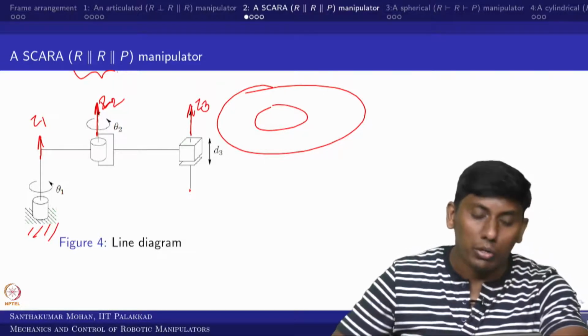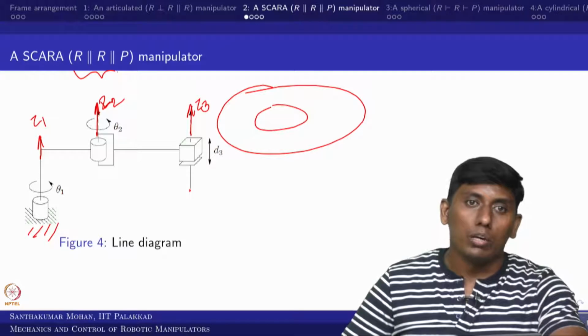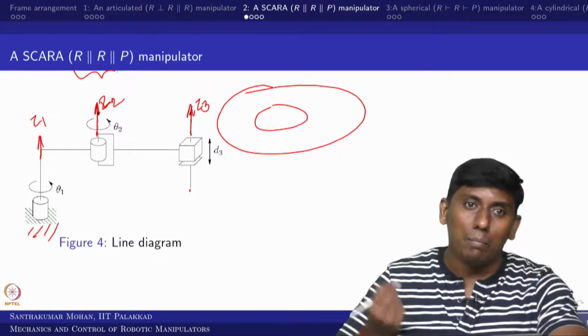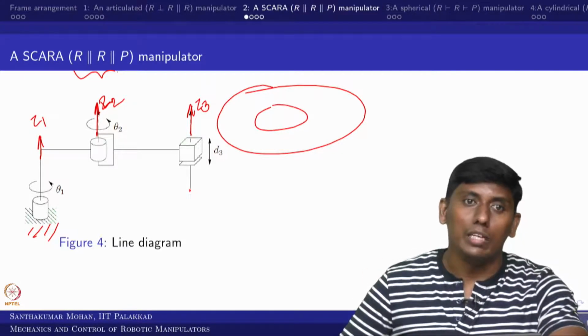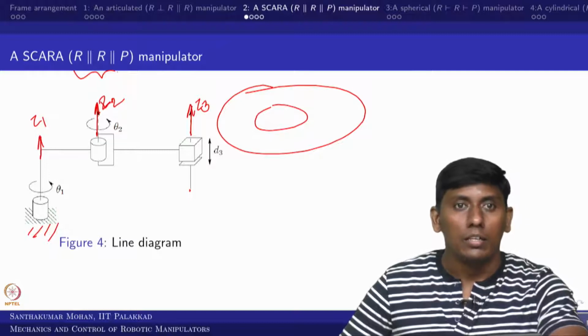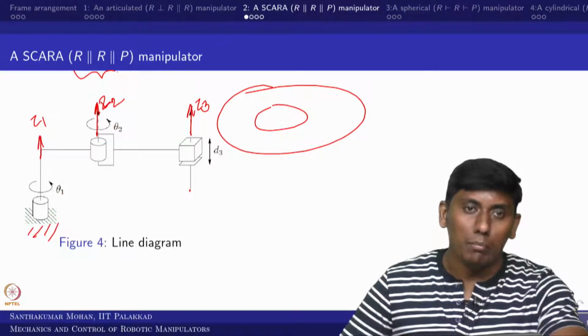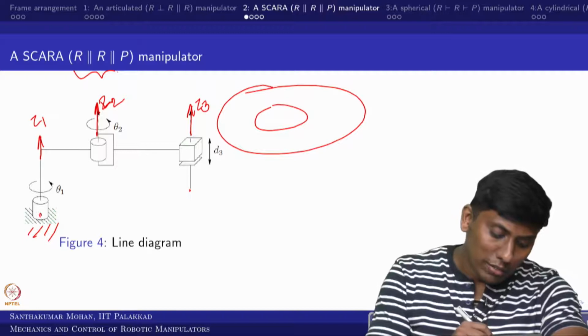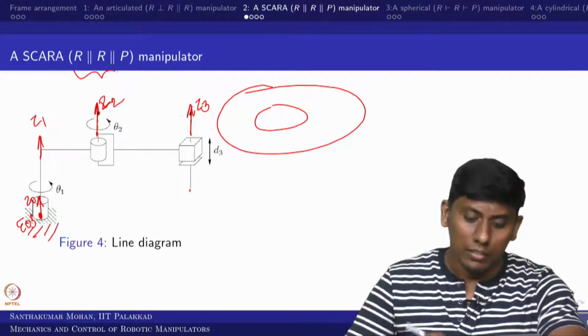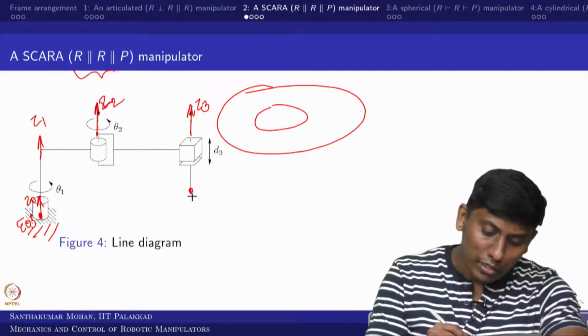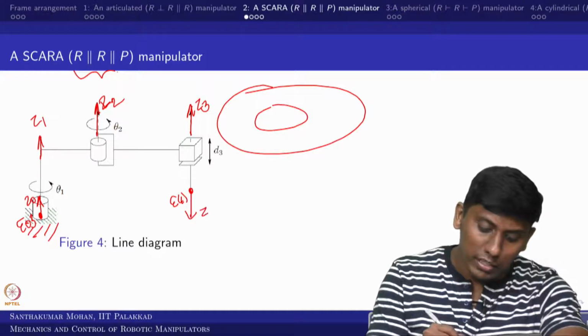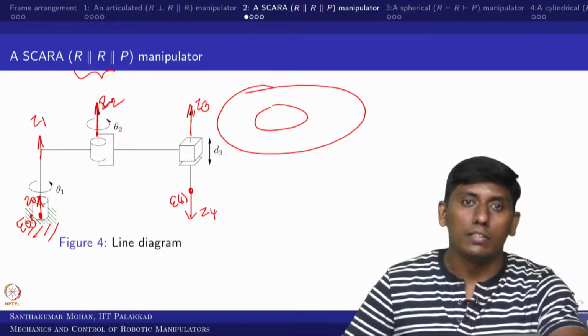So these are all parallel. Now we can conveniently choose the starting frame. We start with 0 and take z0 also parallel. And I am taking, as the last frame, 4, pointing downward as the fourth axis.